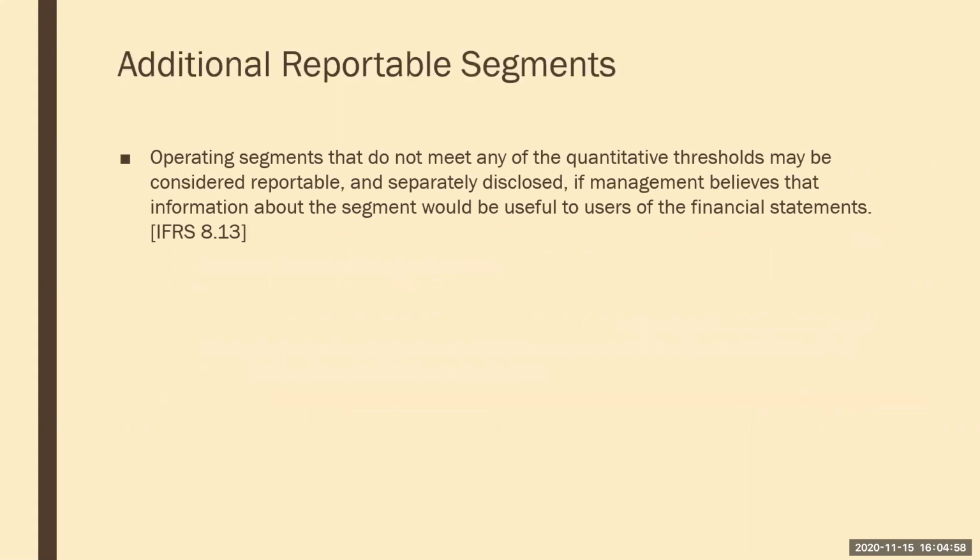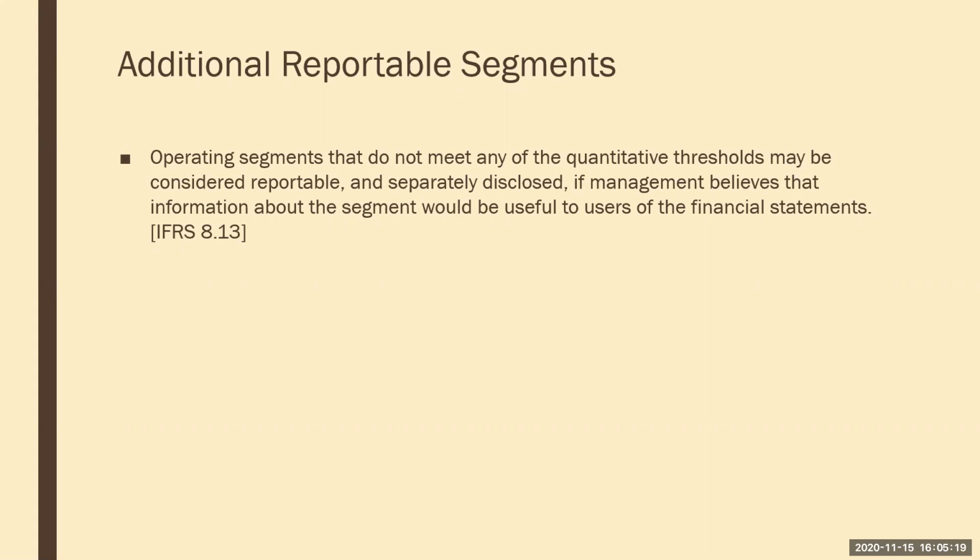Additional reportable segments are also described under IFRS 8. Paragraph 13 says, management can provide separate disclosures for operating segments that do not meet these quantitative thresholds if management believes the information will be useful to the financial statement users.